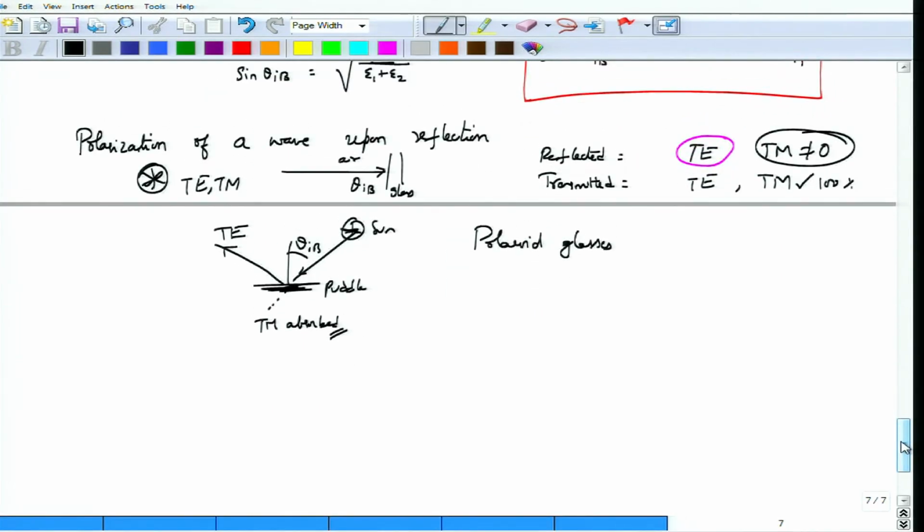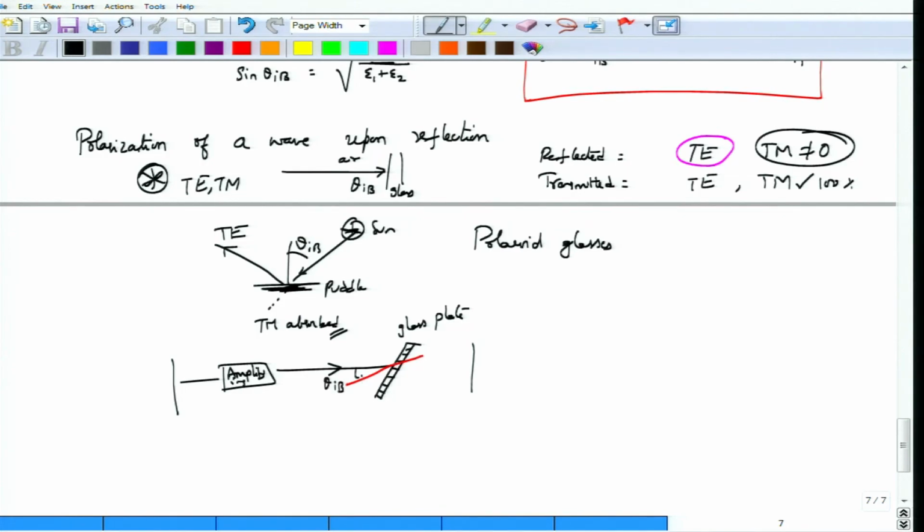A different application of Brewster angle, based on the same idea, is that in many laser systems you have to select only a particular polarization. In order to select a particular polarization, we put a glass plate up here. This glass plate is positioned in such a way that light incident onto the glass plate makes an angle of theta IB, the Brewster angle, with the normal to the plate.